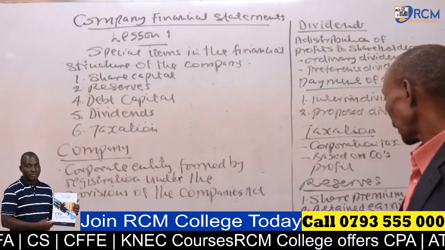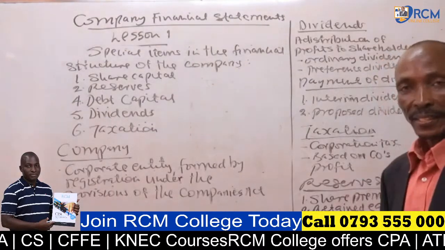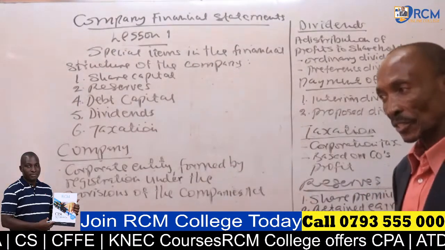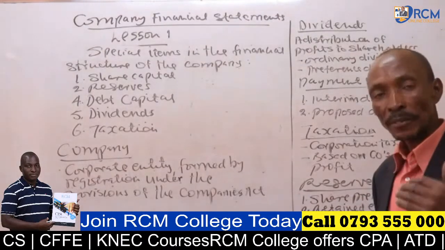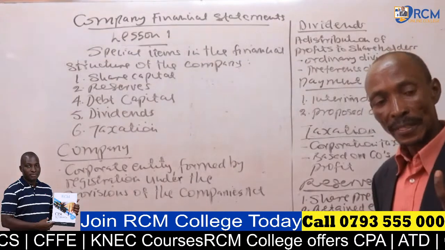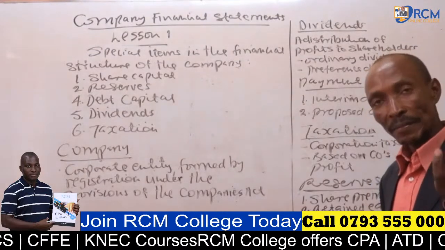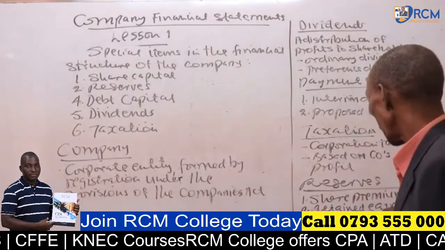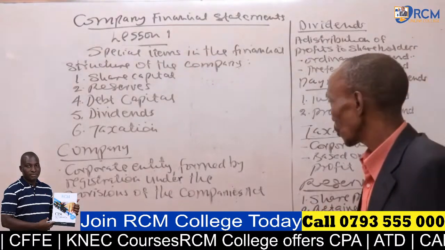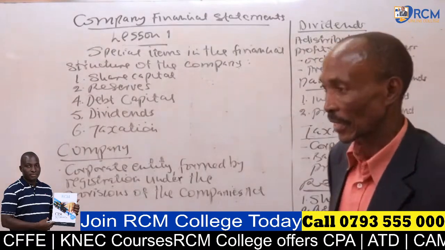Once it's in this platform, it can be used for a variety of purposes. But once in the form of retained earnings, you can either use it for paying dividends or for issuing what we call bonus shares. So generally, these are the key terms.